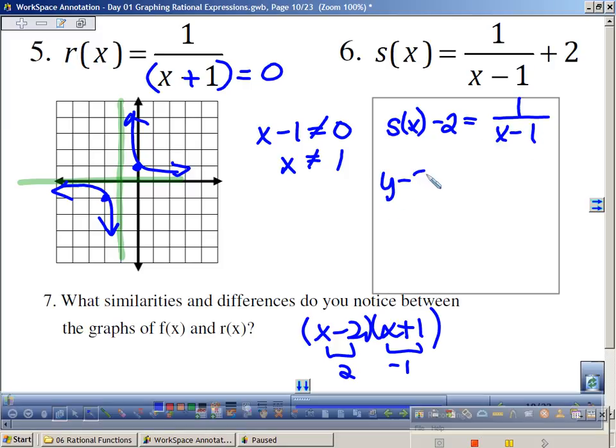Because this is really the y. So now, if you want to know this shift, it's 1, and this shift, it's 2. You can look at it like that, or you can go back to just this. Right? That this is your 0, and then this is a shift that's up 2, whichever way you want to look at it.